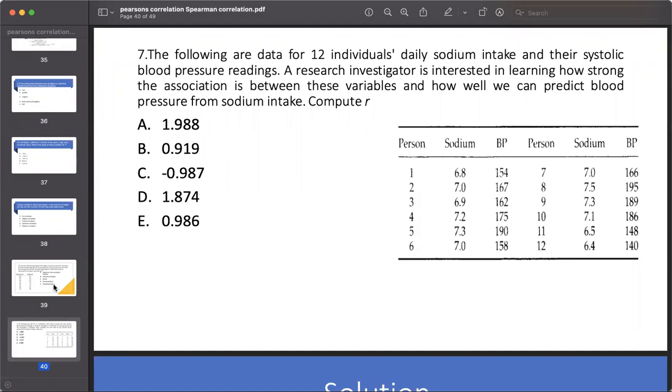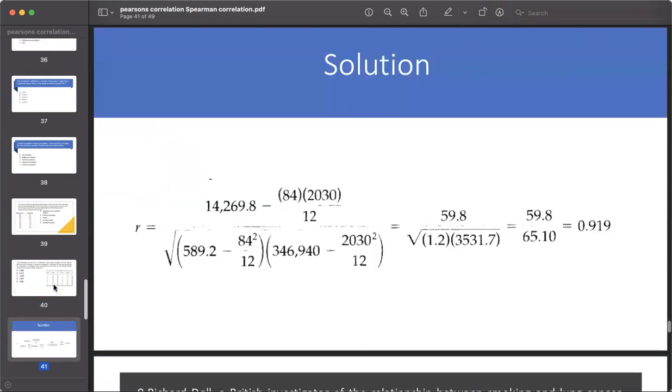Compute R. Options are A is 1.988, B is 0.919, C is negative 0.987, D is 1.874, E is 0.986. The correct option is B, 0.919. Here is the solution for this MCQ.